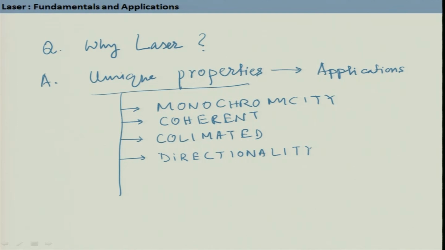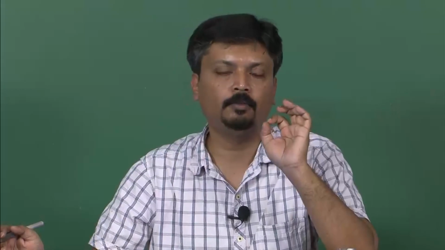They can be highly tunable, meaning that I can start from one particular wavelength and I can go to a different wavelength and I can scan through a huge range. So, this is called tunability. This tunability is a huge advantage for any light source.